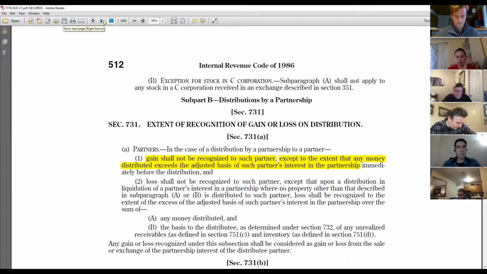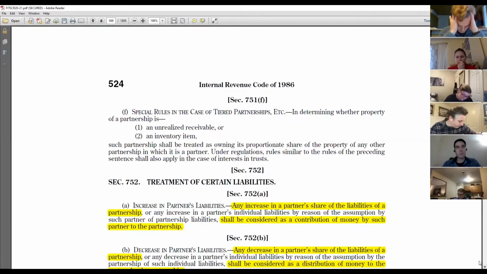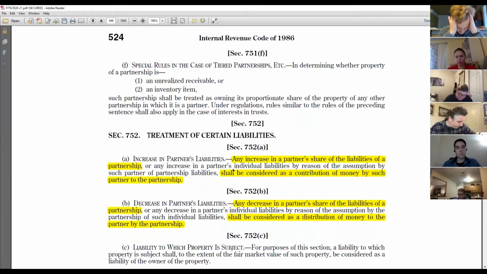Let's go back to 752(a) real quick. 752(a) gives you credit in your outside basis for partnership borrowings, your share of partnership borrowings. You like to have higher outside basis for a number of reasons that we'll discuss through the course. But one we just saw is that if you have more outside basis, then you can get distributions of money without recognizing gain.